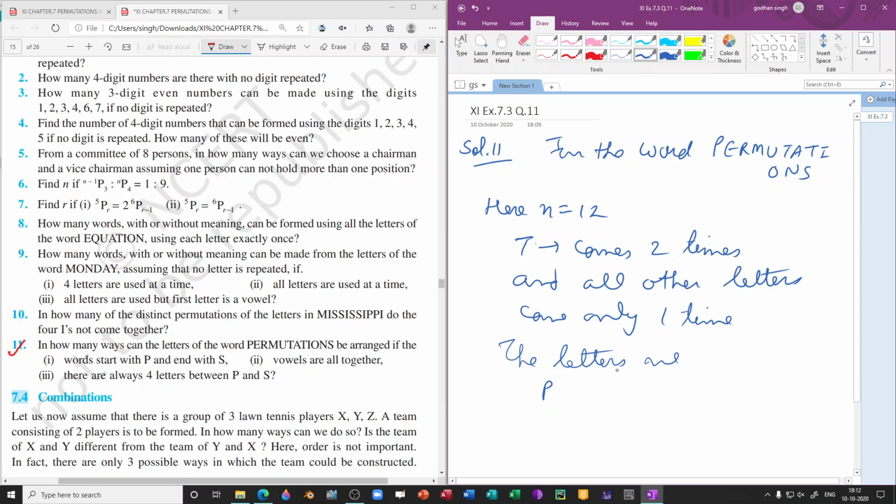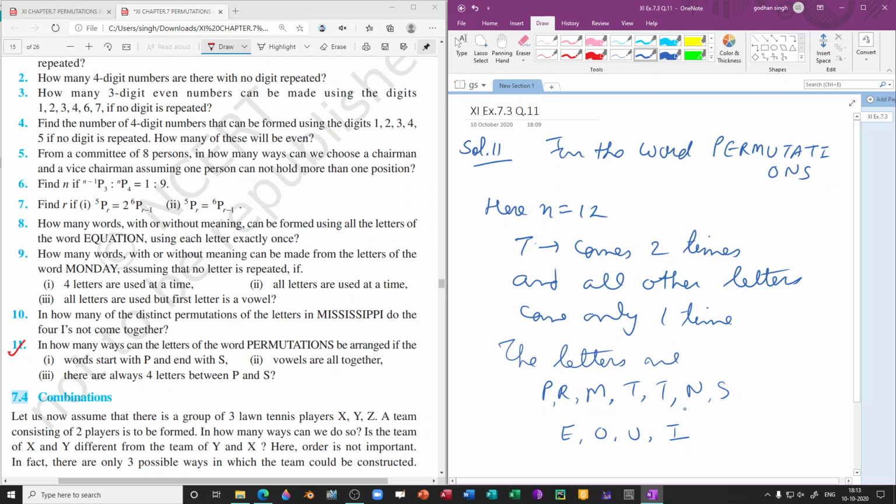So P, then we are having R, then we have M, then T, then we have N, and we have S. So these are the consonants, and vowels will be E, O, U, I, and total this would be 12 in number.